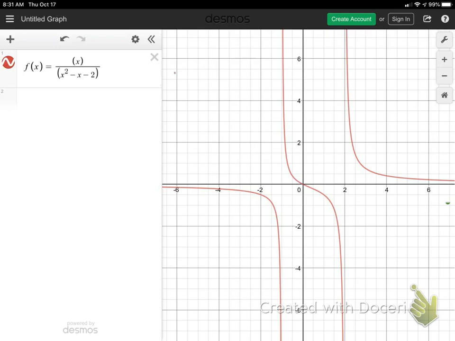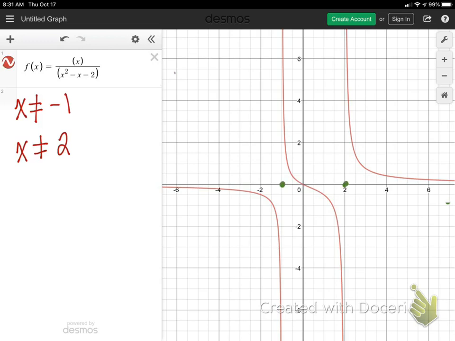Now, just now on the screen before this, we identified that x cannot be negative 1 and that x cannot be positive 2. So I want you to look at this graph right here and tell me what is happening when x is negative 1 and when x is positive 2.